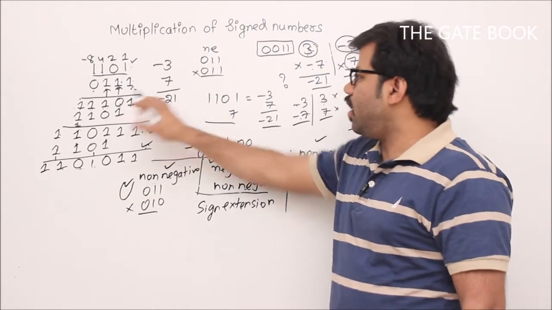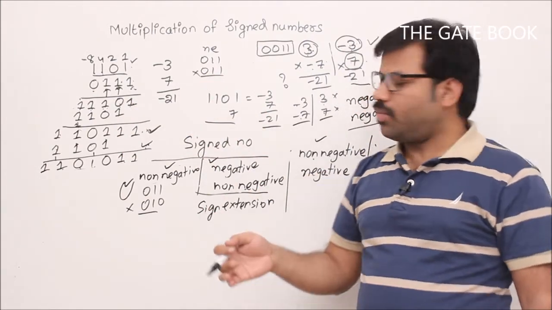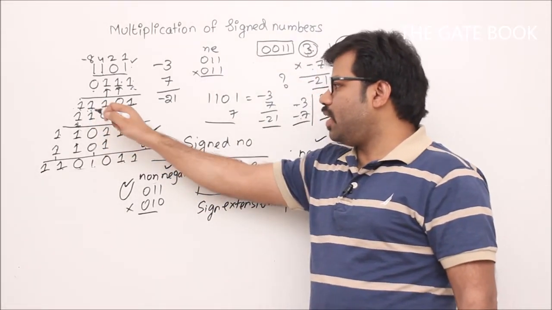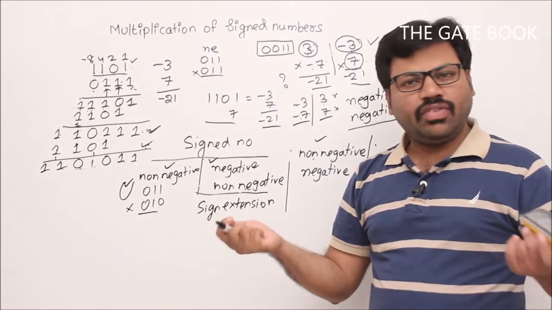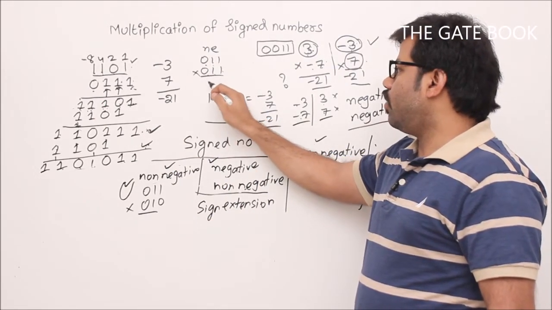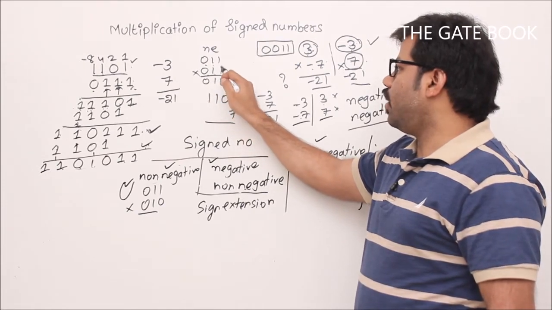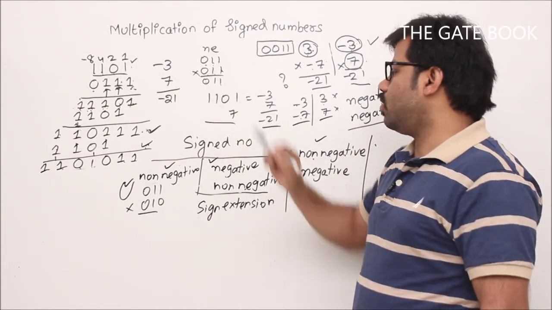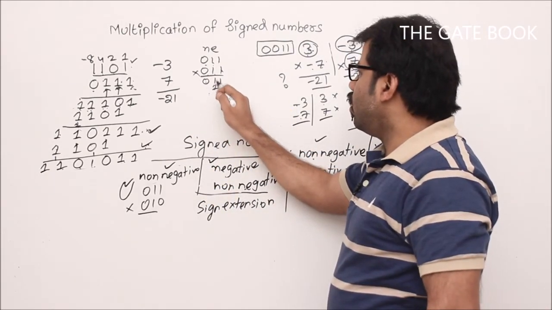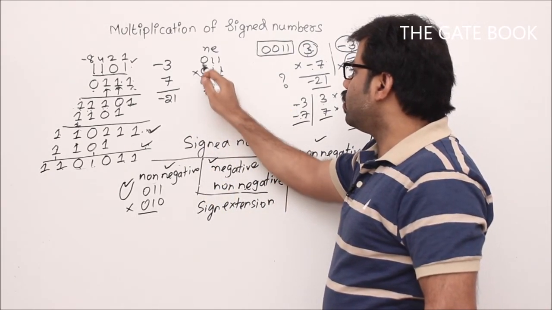Same as before, but we have to do sign extension. That means rather than writing ones in the empty places, we should write zeros. That we have already seen, correct? Recall how we did it: 0 1 1 into 0 1 1. First we did 0 1 1, 1 into 1 1 1, 1 into 1 1 1, 1 into 0 0. Then next time, 1 into 1, 1 into 1, 1 into 0 0.